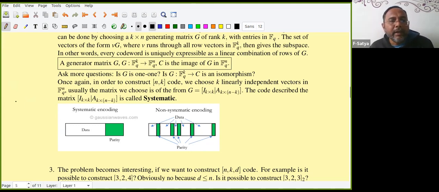Okay. If you are clear, then I will ask one question, right? So for example, this is my generator matrix, I_k cross A. Now, by looking at this, can you suggest to me the D value? D is less than or equal to something?